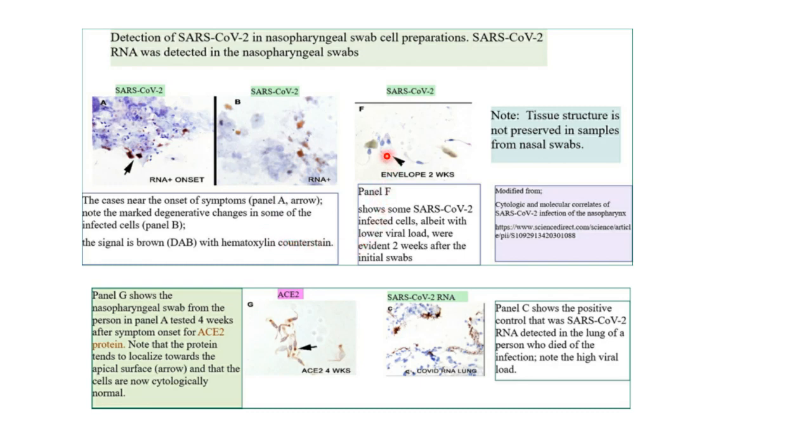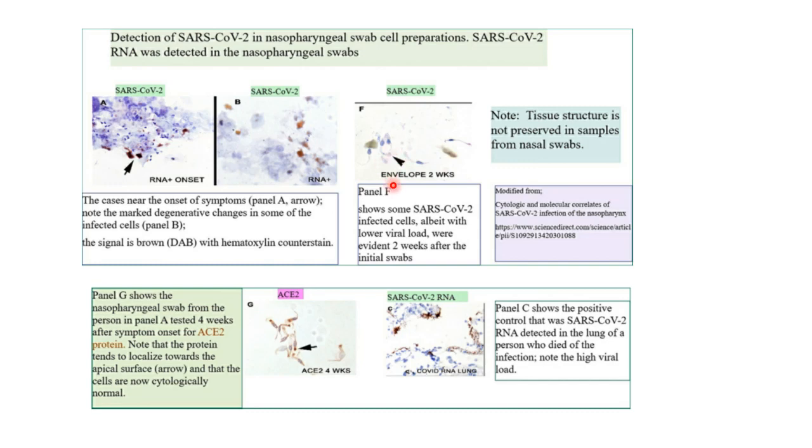Now, this slide was prepared 2 weeks after the initial swabs. So after the initial swabs, they took further swabs 2 weeks later, and you see the cells are quite healthy. The SARS-CoV-2 load is much lower.